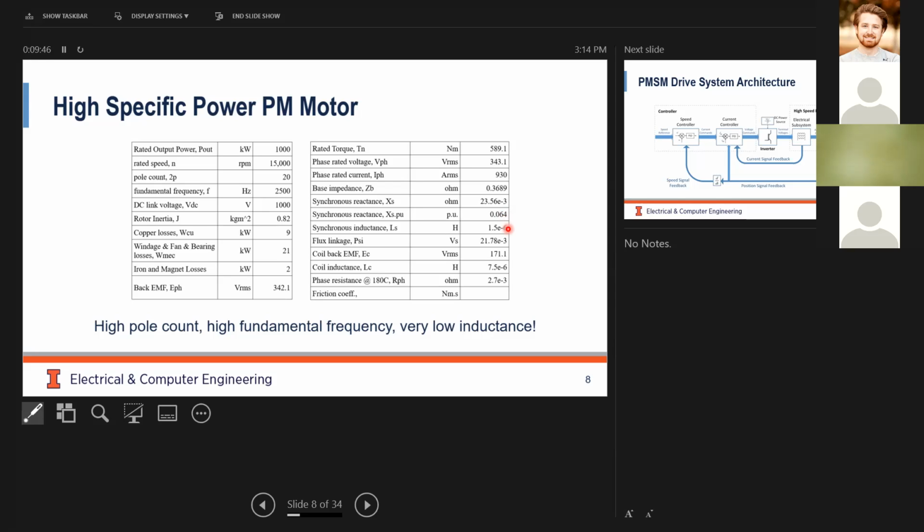So the challenge is the possibility of a very high harmonics current, distorted current, and that will trigger potential issues such as higher losses and higher temperature rise in the motors.